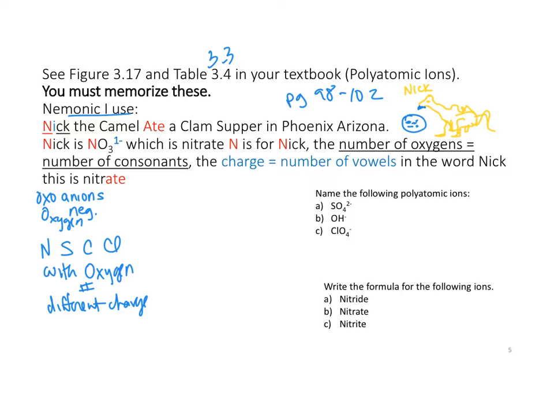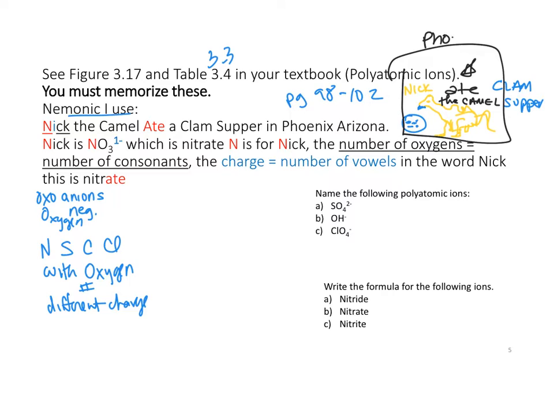So he ate, past tense, ate. So Nick the camel ate a clam supper in Phoenix, Arizona. Now you've got to know how to spell these. Now you can take the first letter, like Nick.